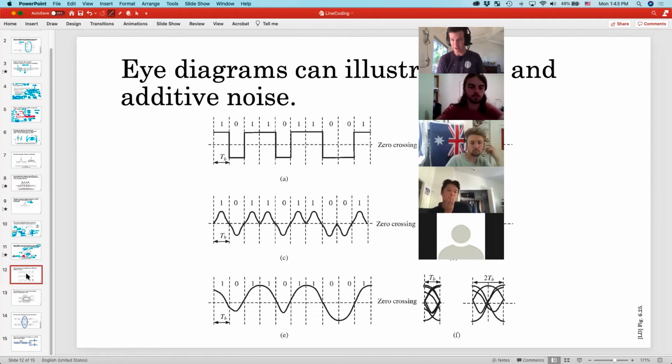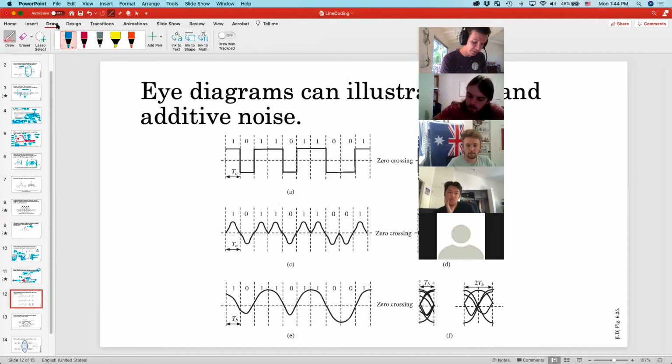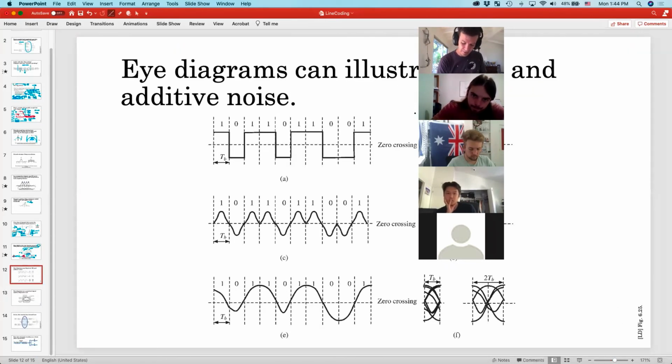Let's go back to our rectangular line code. Ones get high pulses, zeros get low pulses, or negative pulses, if you like. If you were to use that line code and then view it on an oscilloscope, this is like viewing the waveform on an oscilloscope whose scope width was a total of TB seconds and whose persistence was infinite.